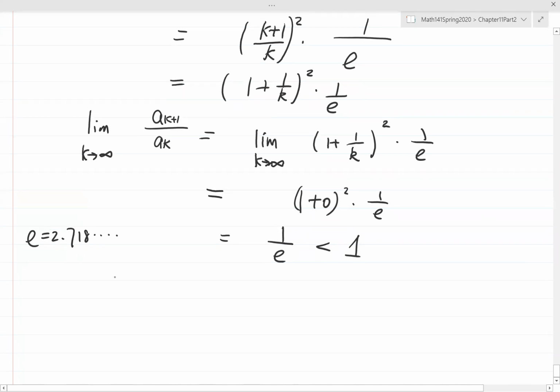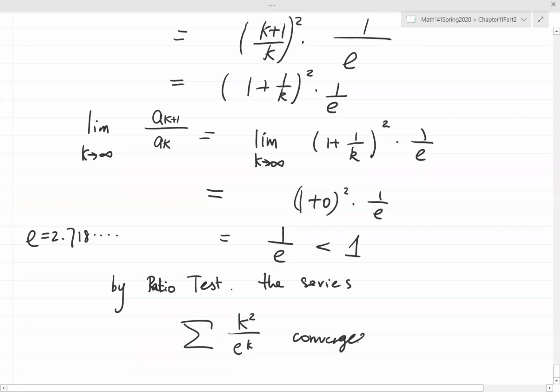The limit of the ratio is bounded by 1. By the ratio test, we can conclude the series k squared over e^k converges. Okay, it converges.